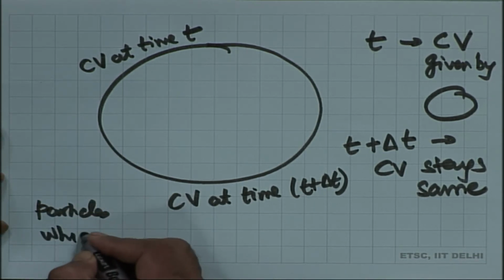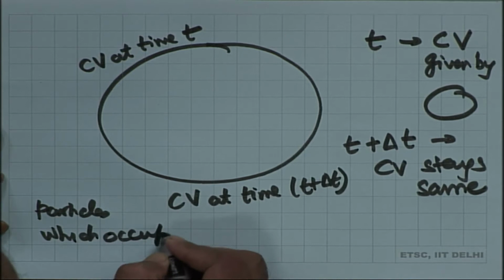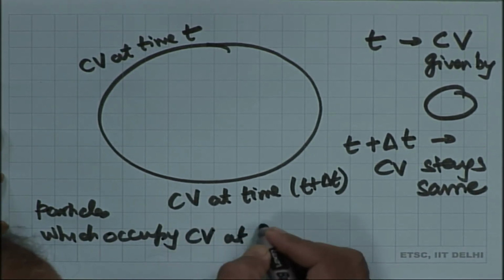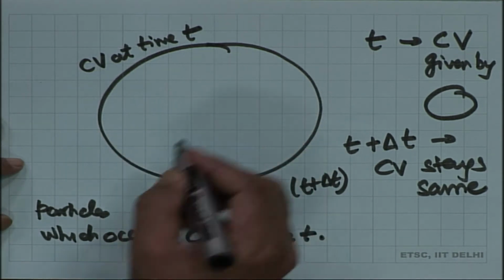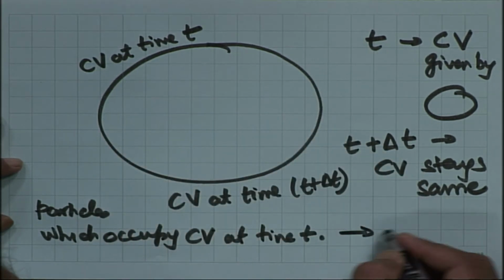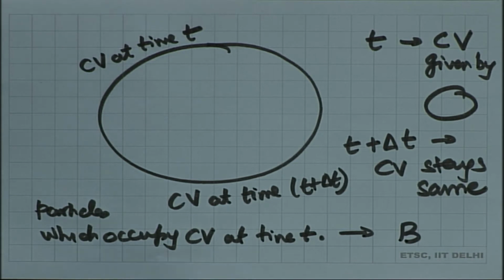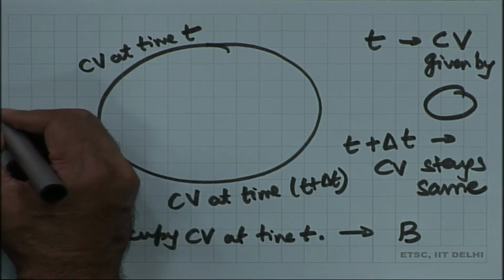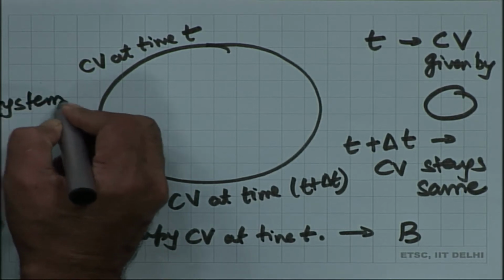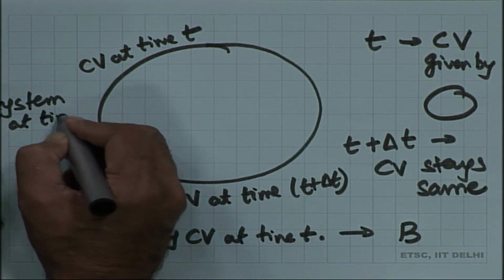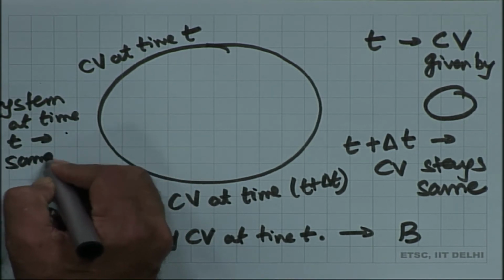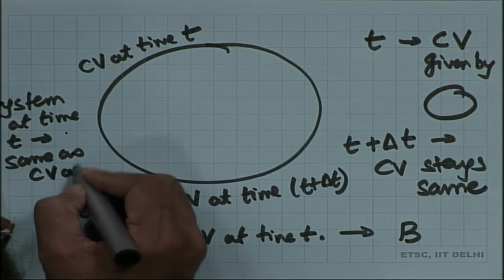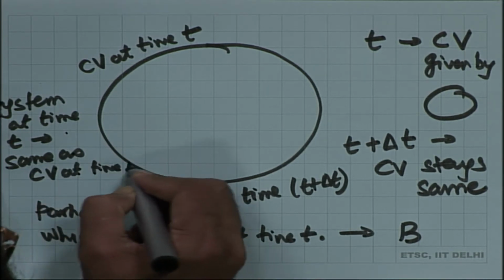which occupy the control volume at time t, and these particles, they have the total property given by B. So, the system at time t is the same as the control volume at time t.